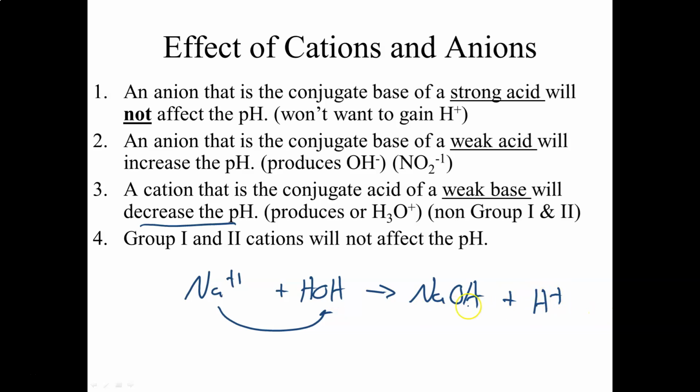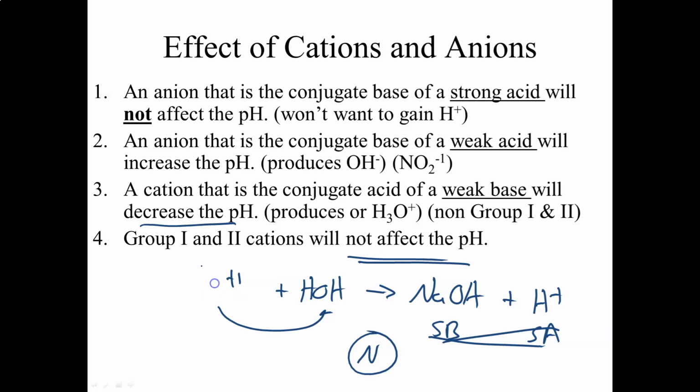NaOH is a group 1 hydroxide, a strong base, and H+ is a strong acid. They cancel out, neutral, just like it says here. Substitute any other cation from groups 1 or 2. Do lithium. Same thing. Lithium plus water gives you lithium hydroxide, strong base, H+, strong acid, neutral. Group 1 and 2 cations won't affect the pH.